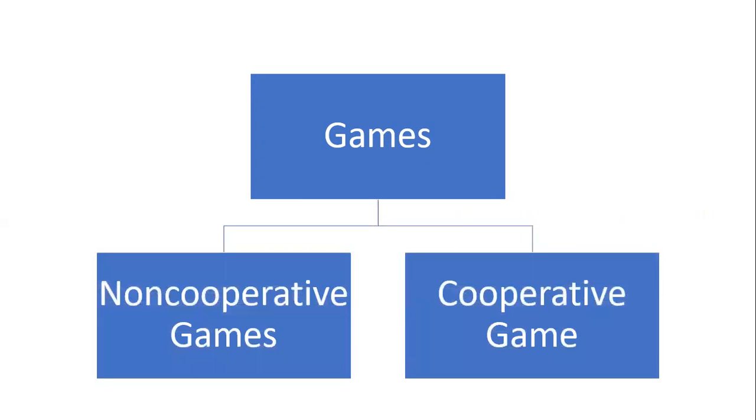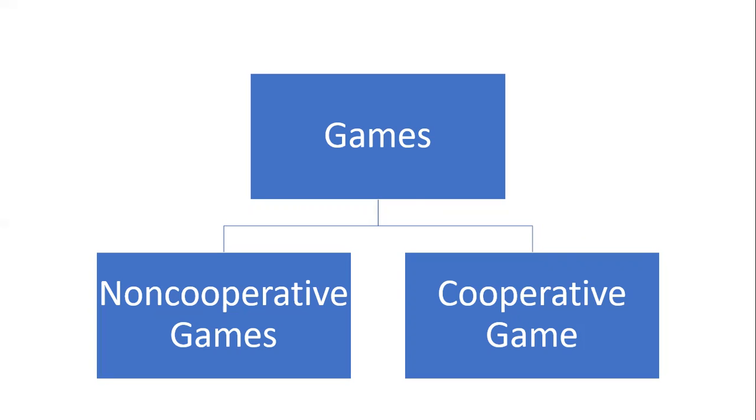Games are of so many types. For example, complete information games, incomplete information games, sequential games, simultaneous games, cooperative games, non-cooperative games, and so many other forms. But here we are interested in just two types.